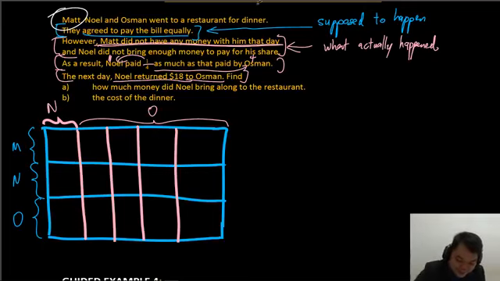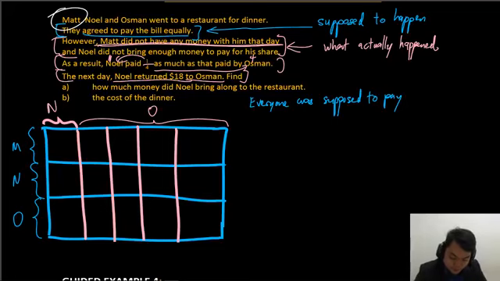Okay, so over here, let's look at this whole arrangement. How do we interpret this situation here? If we look at the horizontal bars, let me type it out first. From the horizontal bars, everyone was supposed to pay 5 units worth.